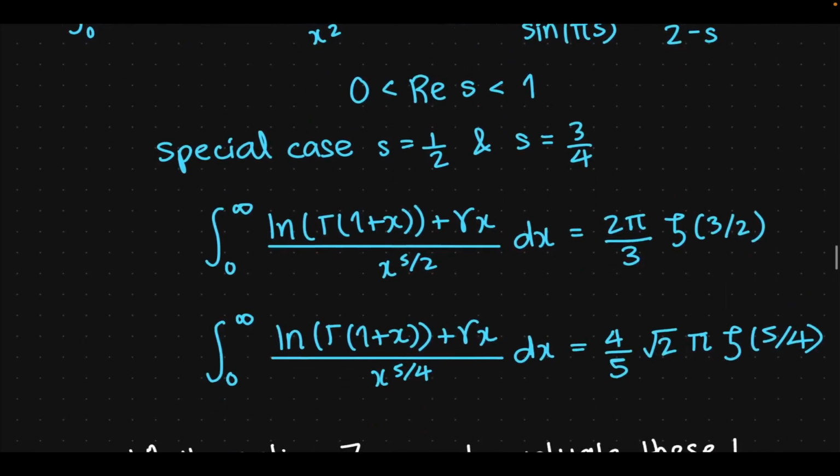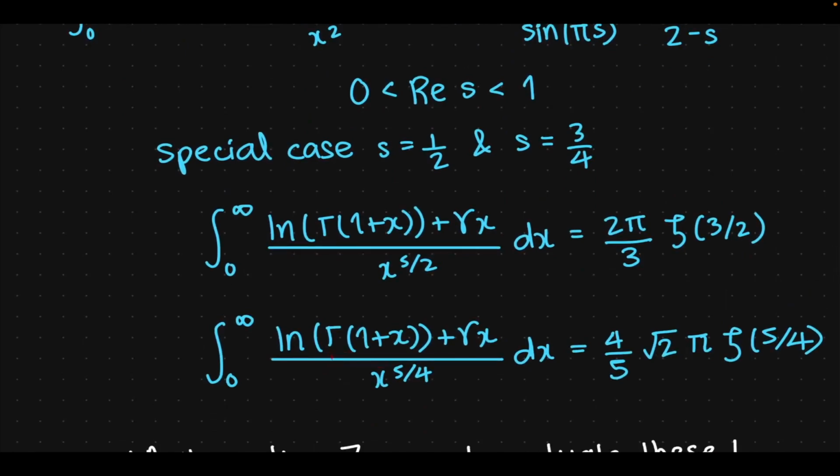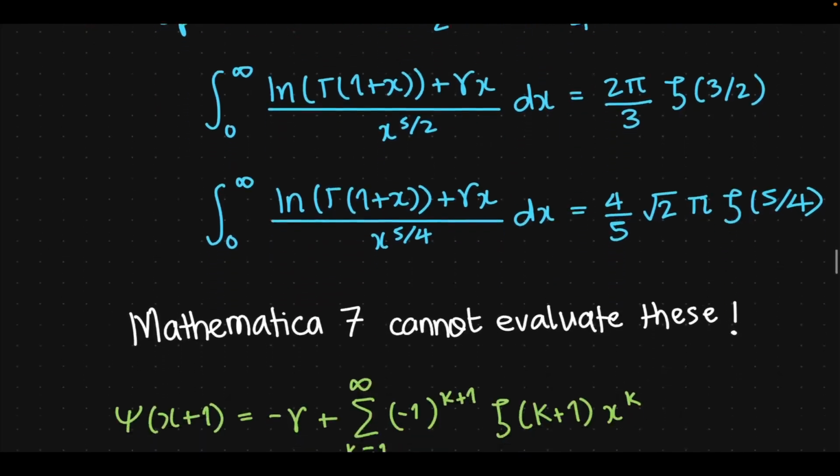Yeah, and for the other case, we have integral 0 to infinity natural log of gamma of 1 plus x plus Euler-Mascheroni x divided by x to the 5 by 4 equals 4 over 5 times square root 2 pi times Riemann Zeta of 5 by 4.